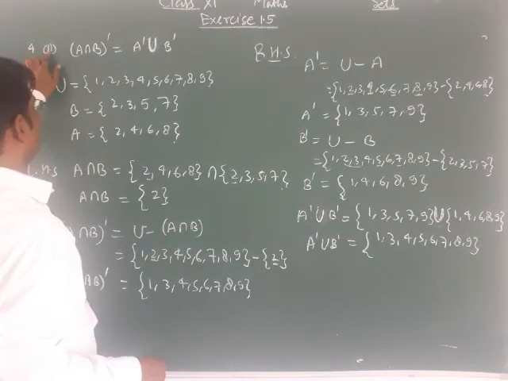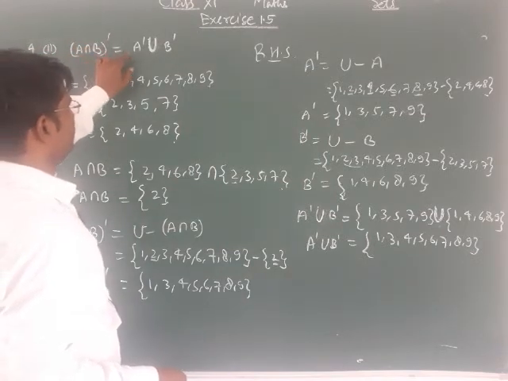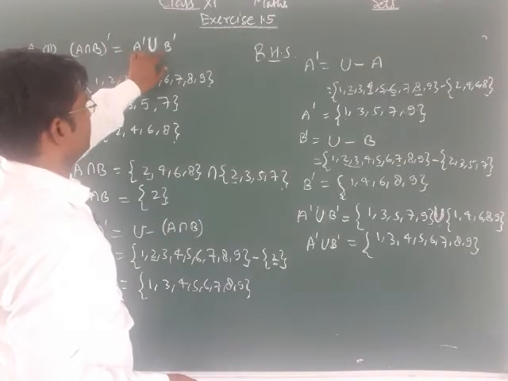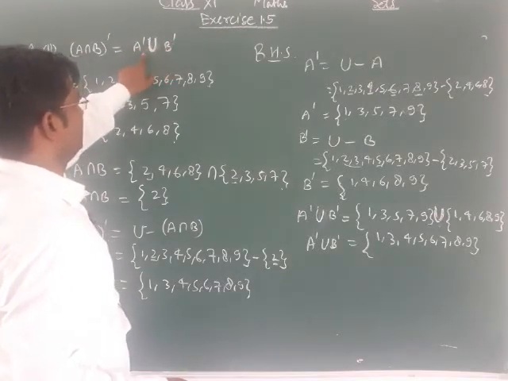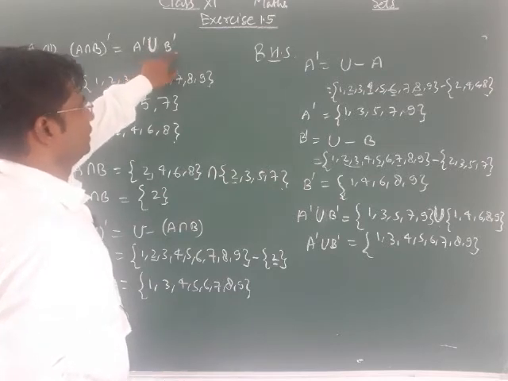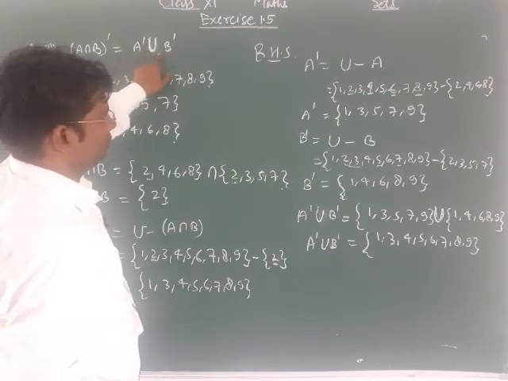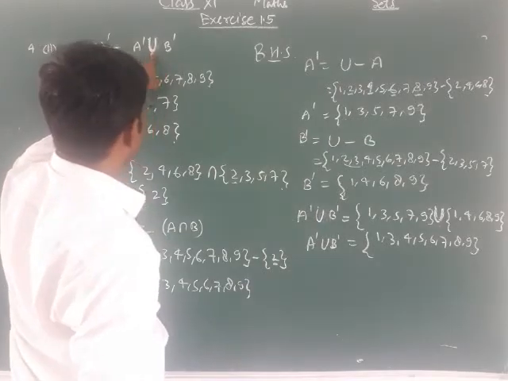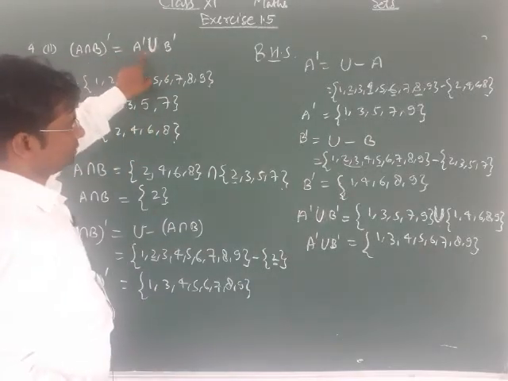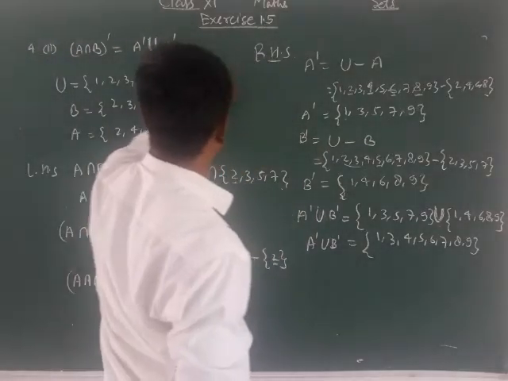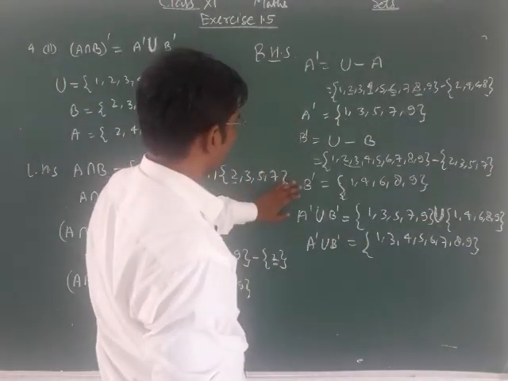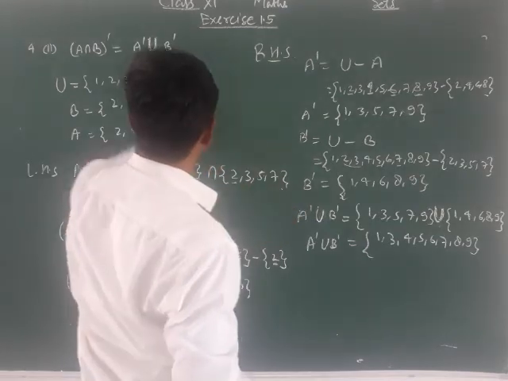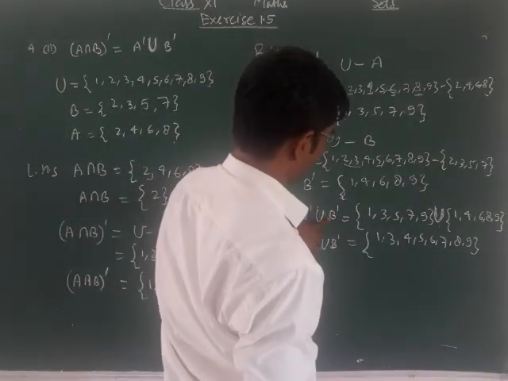So second part, complement of A intersection B is equal to complement of A union complement of B, that is A dash union B dash. So now the RHS: complement of A and complement of B. So take A dash union B dash.